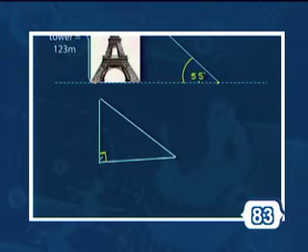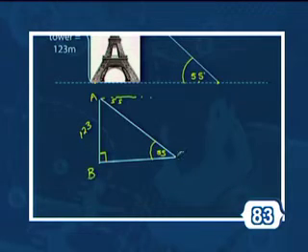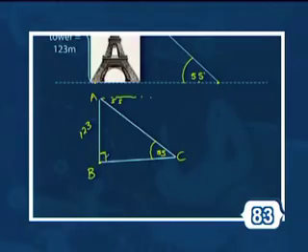So that would be at 90 degrees. The Eiffel Tower is 123 meters. Remember, our angle of depression was 55 there, so therefore the angle we are interested in would be 55 degrees. We can call this triangle A, B, C. And remember, the distance we want is the distance from the foot of the tower to the tourist. So we're looking for side BC.